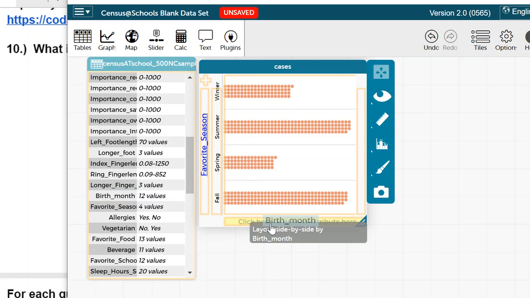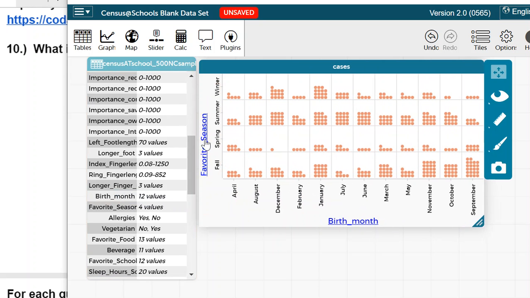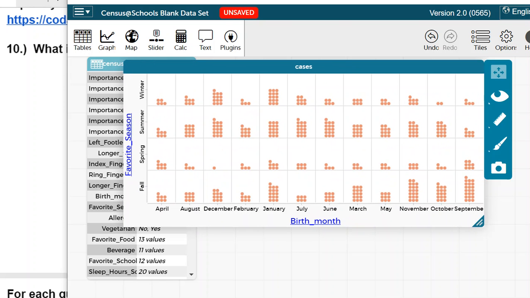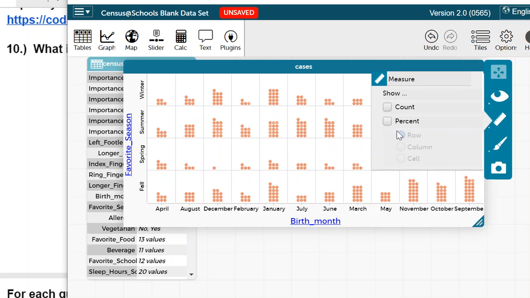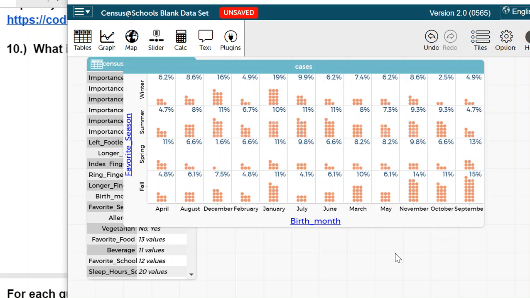It's easier for us to spread things out horizontally that way. Now, let's see what kind of tools they give us for this, because it's been our experience that when we have these multiple bar graphs like this, they usually don't let us do much. All right, we can do percent.